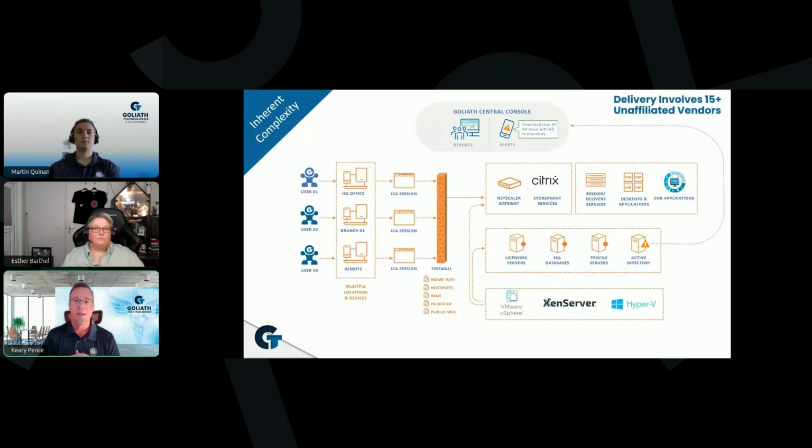Now, the IT delivery infrastructure is super complex. You already know this. Oftentimes there are 15, 20 plus unaffiliated vendor technologies that have to work in concert almost miraculously to deliver a good end user experience. And Citrix is only a piece of that complexity. It sounds like, even from the poll, many of you are using more than just Citrix from a VDI or DaaS perspective, so you've got extra layers of complexity there as well.